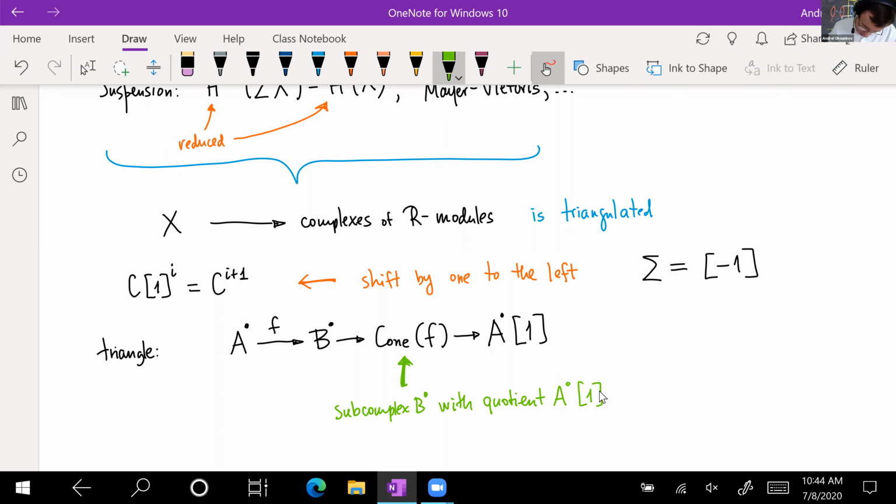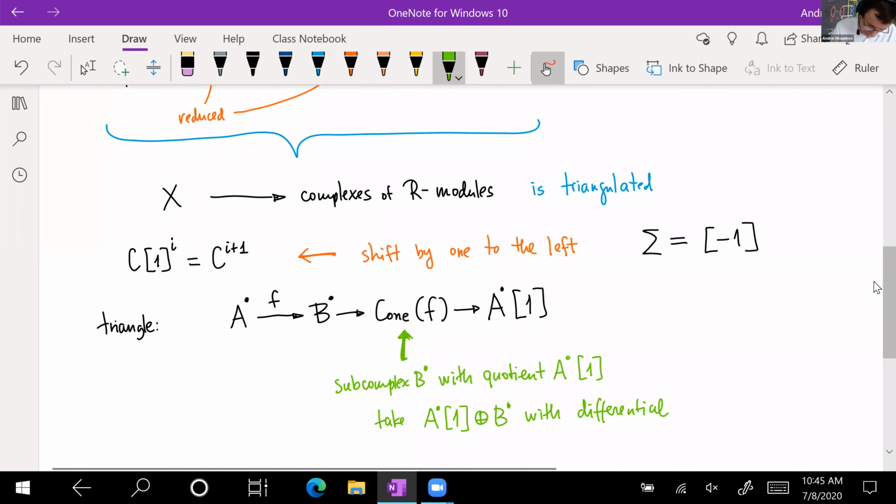And so this means we just take the direct sum of the two, but with a differential, which has to be a 2x2 matrix.